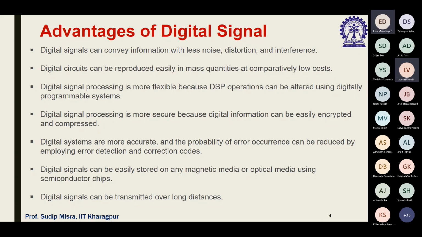DSP is more secure. Digital systems are more accurate, and the probability of error occurrence is also reduced. Digital signals can be easily stored on any magnetic material or optical media using different semiconductor chips, and digital signals can be transmitted over long distances.